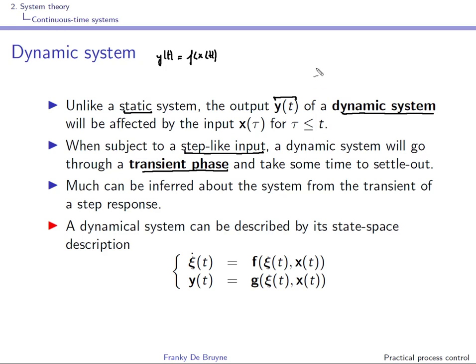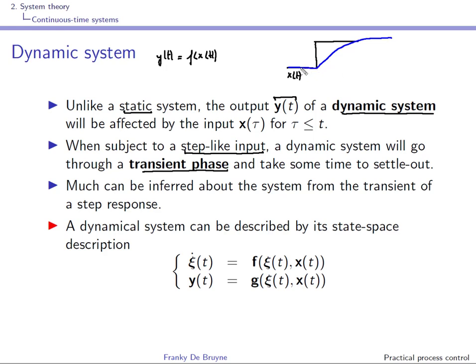So let us look at a few step responses. So this is here the input, and as we've shown before, for instance, the first order step response will look like this, right? So it takes some time before the output settles, but this is clearly the characteristic of a first order system.